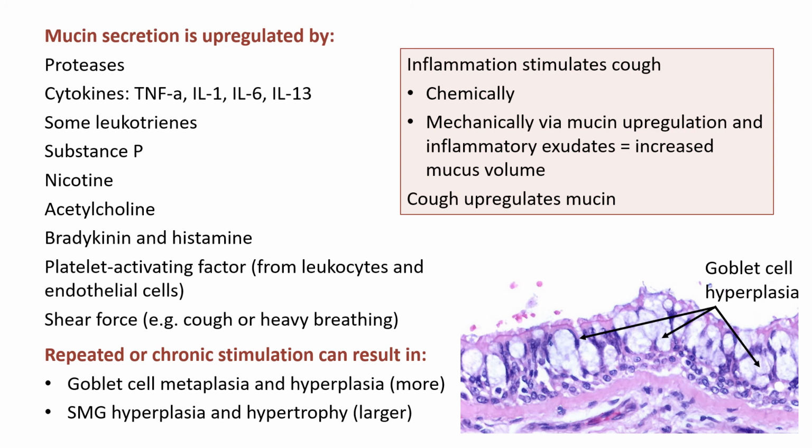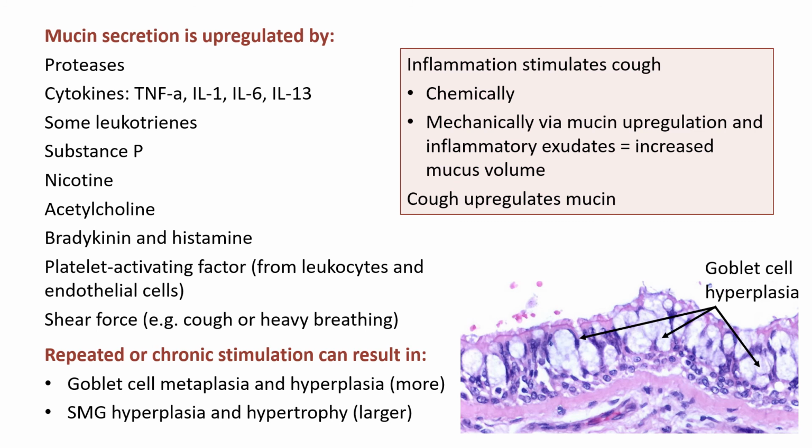In this case, we've got a long-term chronic condition. So if you keep stimulating, what happens is that epithelial cells between the goblet cells go into metaplasia. They change. They become more goblet cells. So you have fewer epithelial cells, more goblet cells, more mucin.